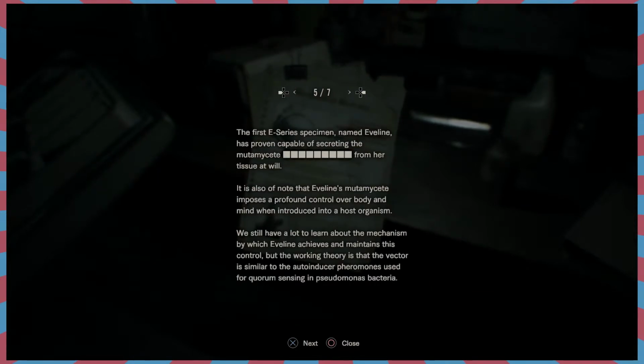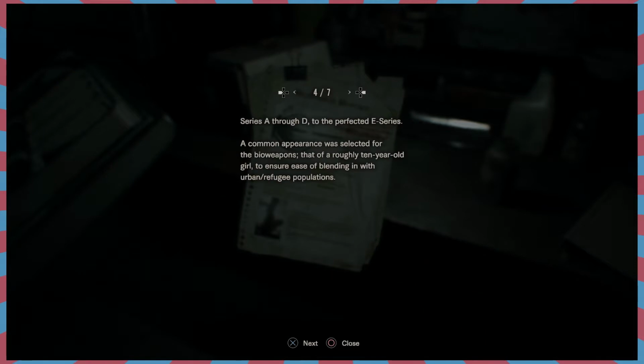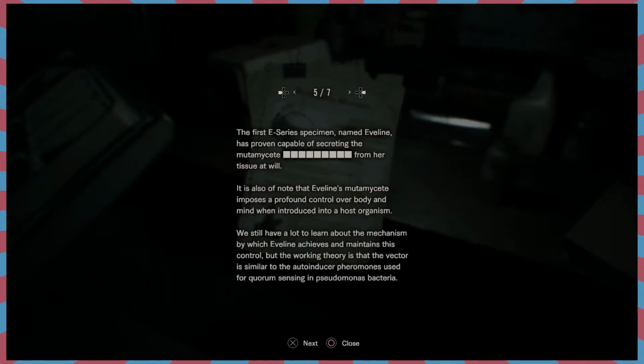The first E-series specimen, named Evelyn, has proven capable of secreting the mutamycete from her tissue at will. It is also of note that Evelyn's mutamycete imposes a profound control over body and mind when introduced into a host organism.